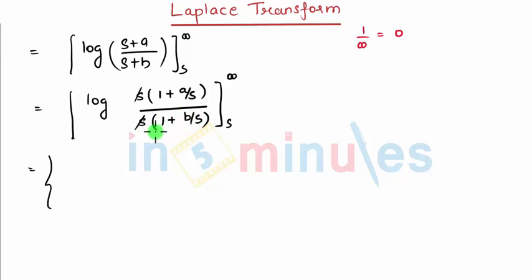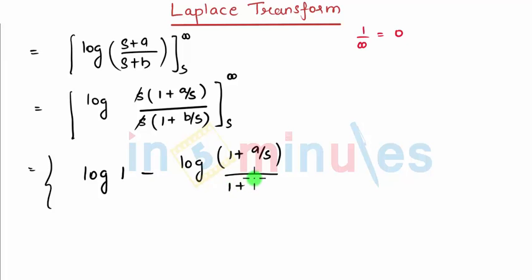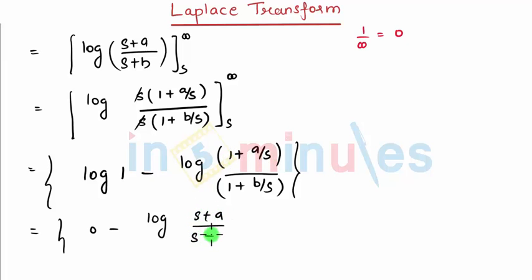So finally I am left with only log 1 minus, put the lower limit, which will be nothing but the same function, that is, in the place of s, you need to put s divided by 1 plus b by s. So finally log 1 is 0 minus, this can be written as the same, s multiplies here, s plus a divided by s plus b, that is the step before we had taken common s.